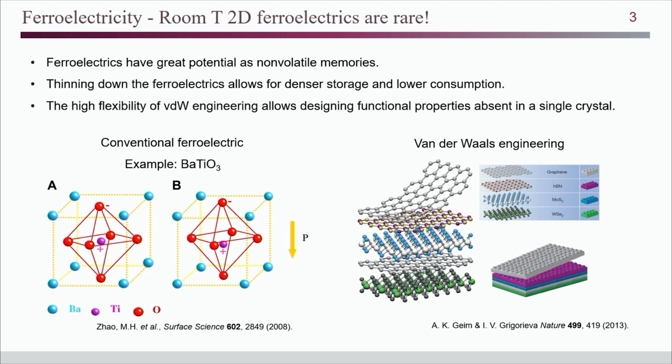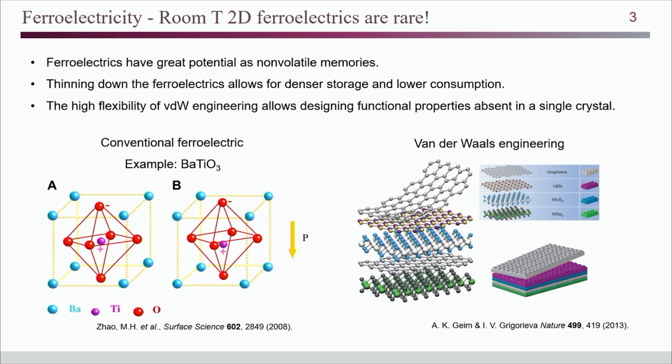So thinning down these ferroelectric materials is very important for denser storage and lower consumption. However, most of these conventional ferroelectric materials are in the 3D bulk form. The strong bonding between the atoms makes it very hard to thin down below 100 nanometers while still maintaining ferroelectricity. So here, I want to introduce a material platform called Van der Waals materials.